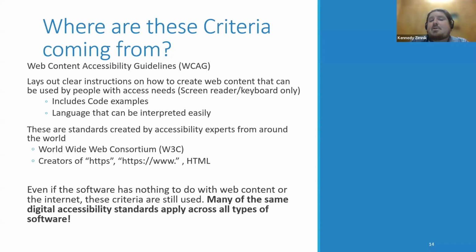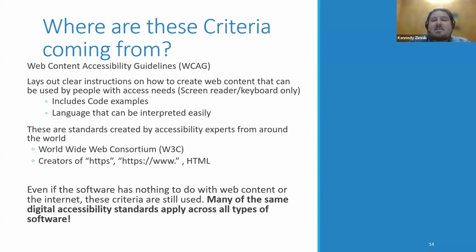It's created by W3C, the World Wide Web Consortium. They're the creators of HTML, HTTPS, ://www. They know a lot about the internet, and they are the ones that created these standards.